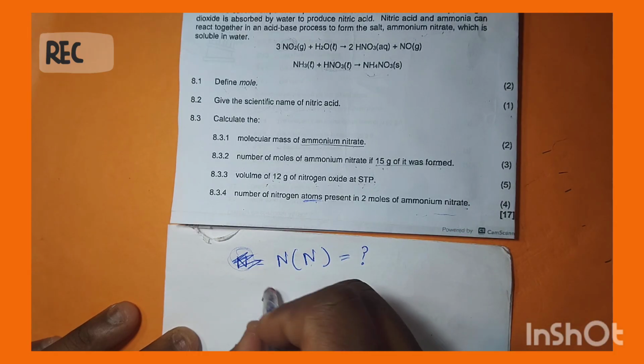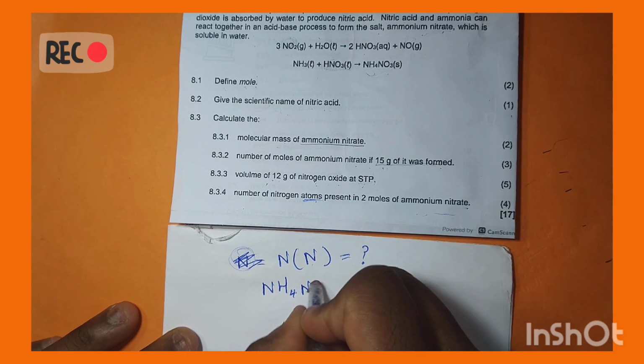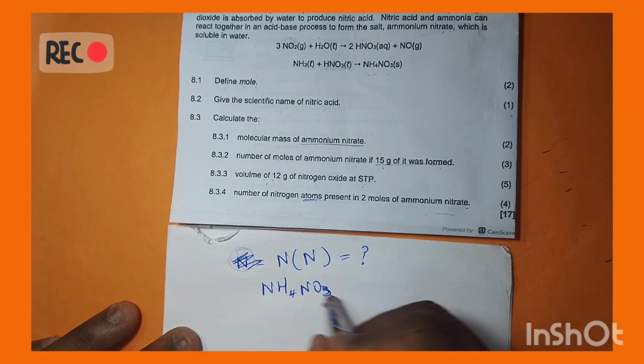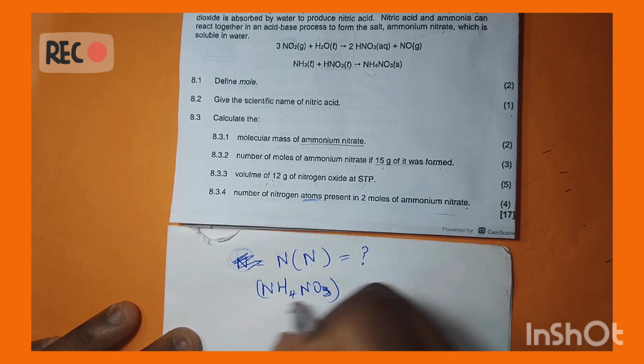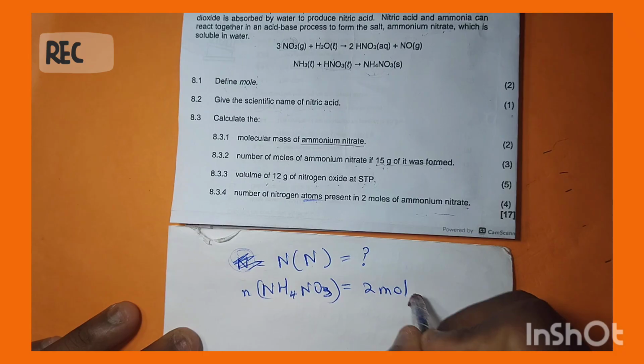I told you that this one is ammonium nitrate, which is NH4NO3. And what they told you is 2 moles of this thing.